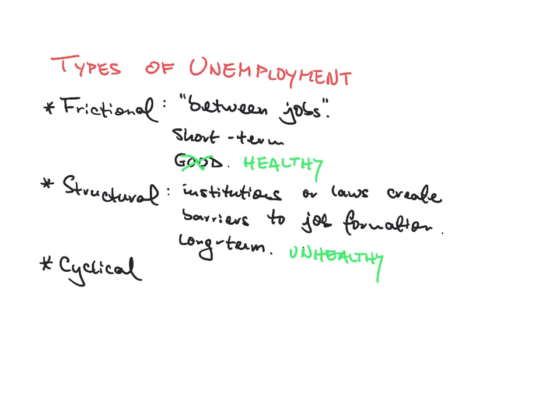So an example of something that might cause structural unemployment is a minimum wage that's set too high. Right now, there are politicians throwing out the idea of a $15 an hour minimum wage across the nation. That sounds fine and dandy until you realize that some people, especially the least skilled workers, are not going to be able to find jobs.